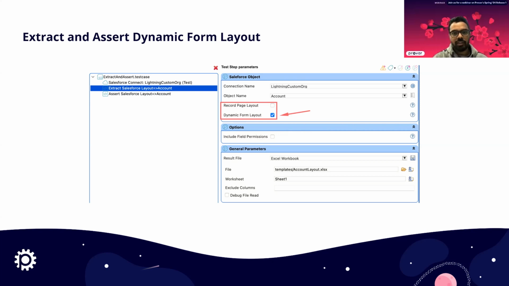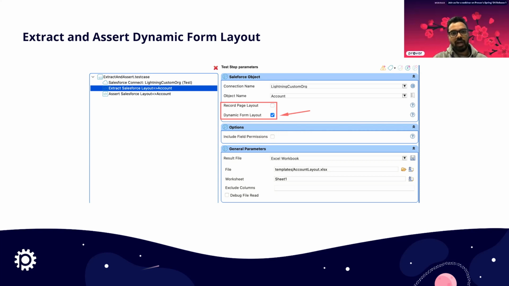But what has happened in the past is Salesforce has released dynamic form, which gives users the capability to redesign the page directly from the app builder without going to the record layout. So people were facing certain discrepancies because information updated on the dynamic form was not updated in the record layout. This is how Salesforce has designed it.